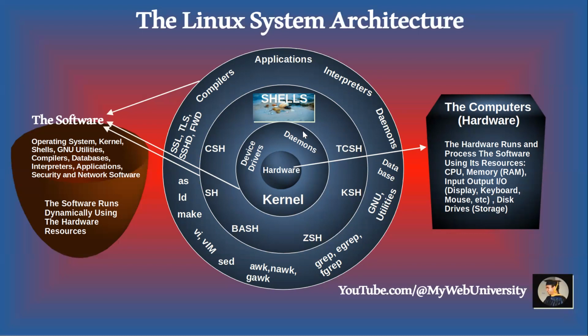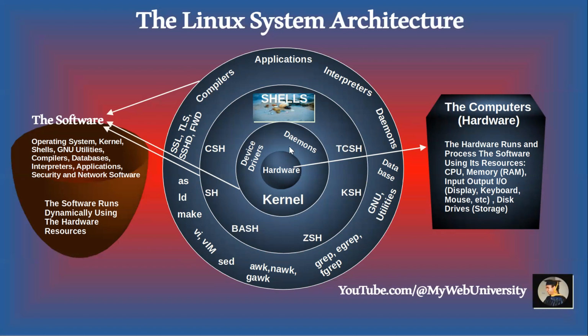And then outside of the shells, there are applications that are running: interpreters, for example the Python interpreter, Perl interpreter, Bash interpreter, Korn shell interpreter, awk interpreter, and compilers like C, C++, and other languages, the Java compiler, which produces bytecode. All of those could be running on top of the shells.